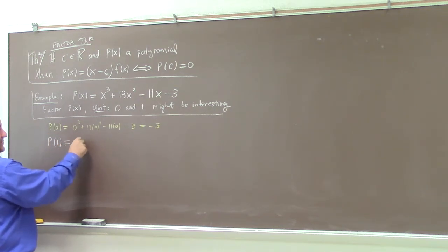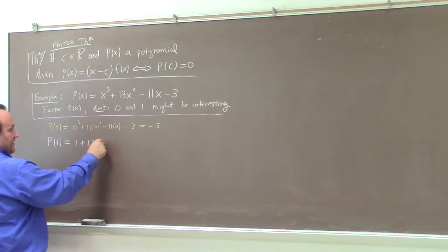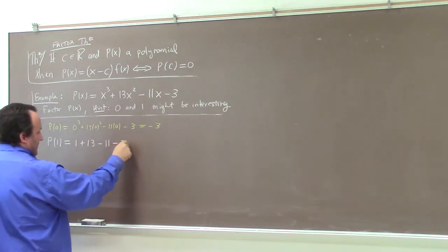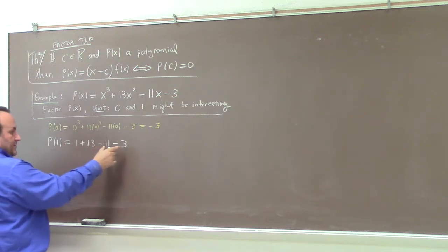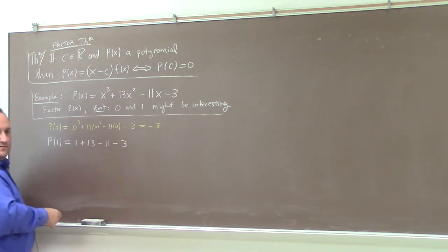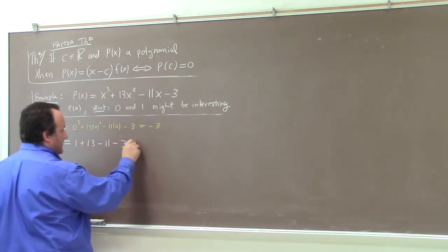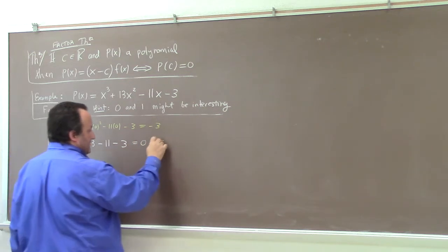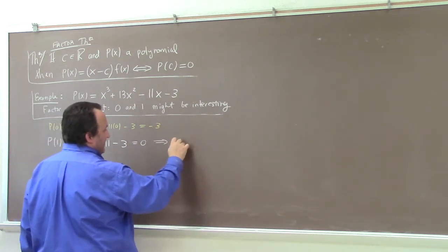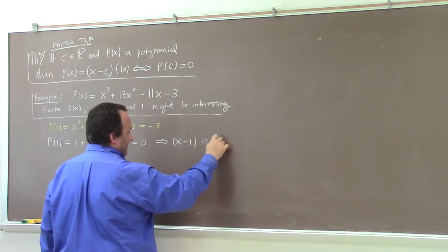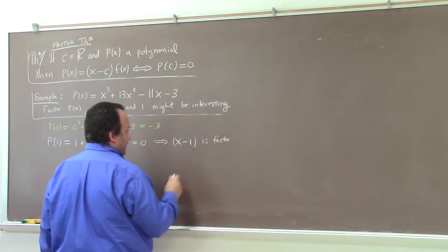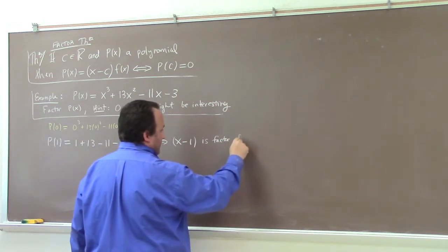We get 1 plus 13 minus 11 minus 3. So that's 14 minus 14. That's 0. So what does that say? That says that x minus 1 is a factor of P of x.